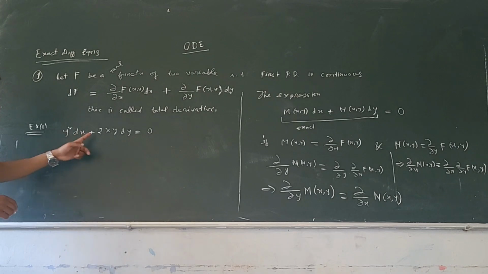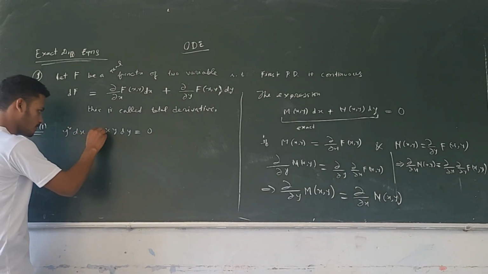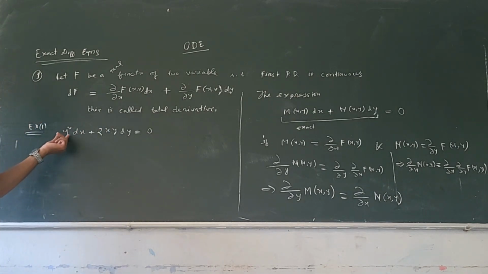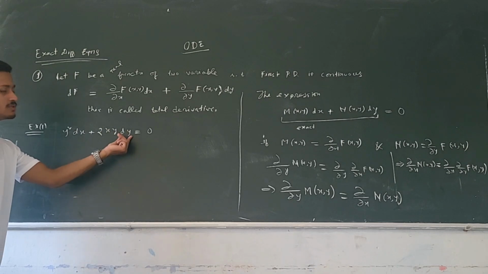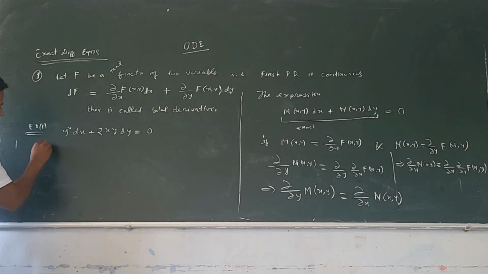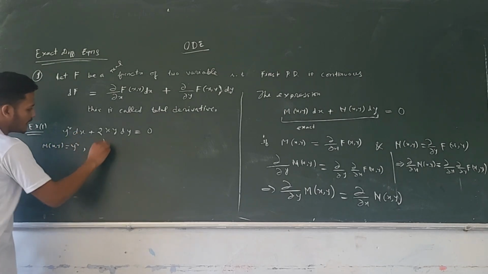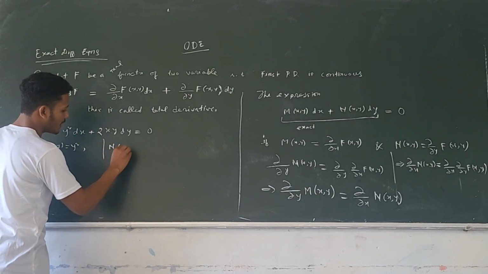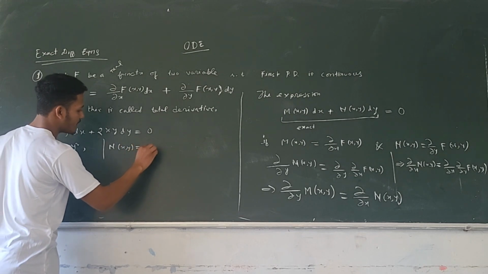So this is a differential equation, right? Something times dx plus something times dy equals 0. Here M(x,y) is equal to y², and N(x,y) is equal to 2xy.